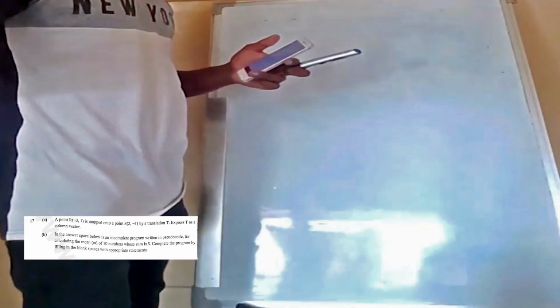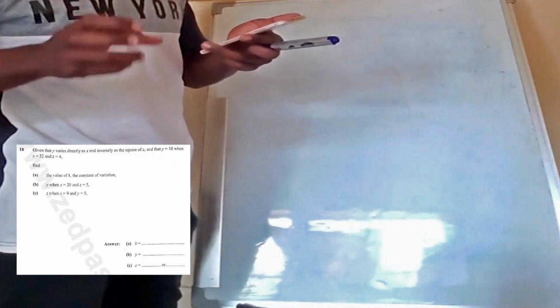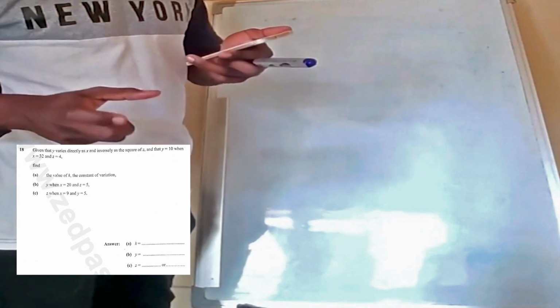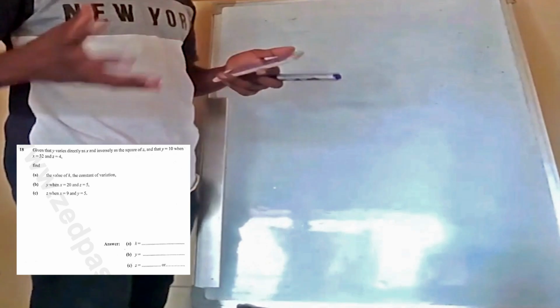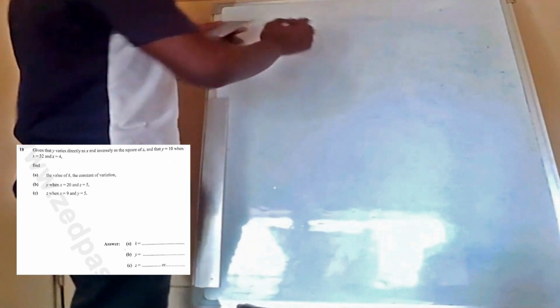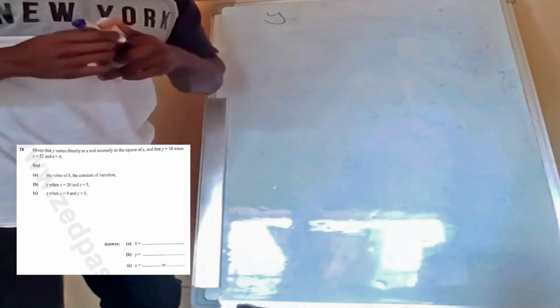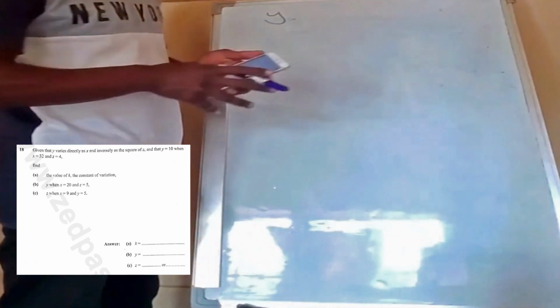Okay, so let's go through question 18 together. And that y equals 10 when x equals 32 and z equals 4. Okay, so let's write that statement mathematically. I advise you to do this even as you read questions on this topic.